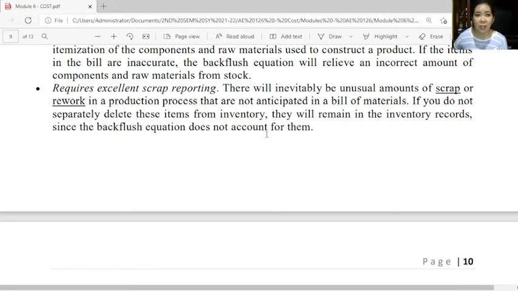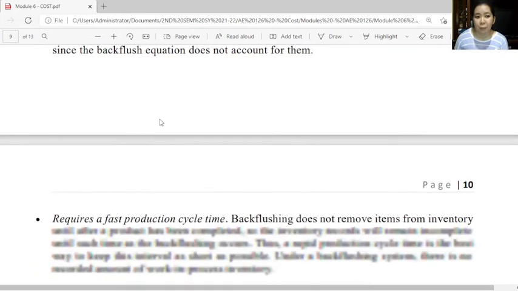So meaning we cannot do away with scrap or rework. In just in time, these are not anticipated in a bill of materials. That's why if the entity will not separately delete these items, they will still remain in the inventory records, which should be eliminated. Since the backflush equation does not account for them, this is another problem.